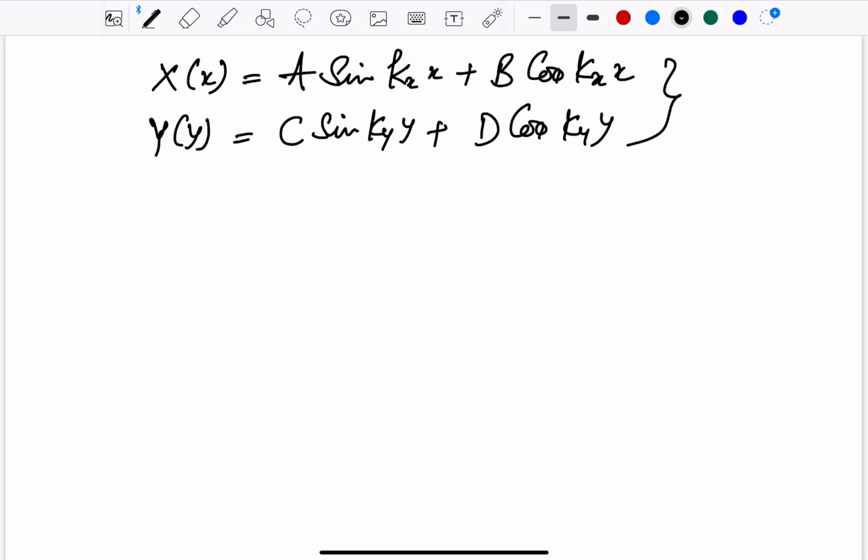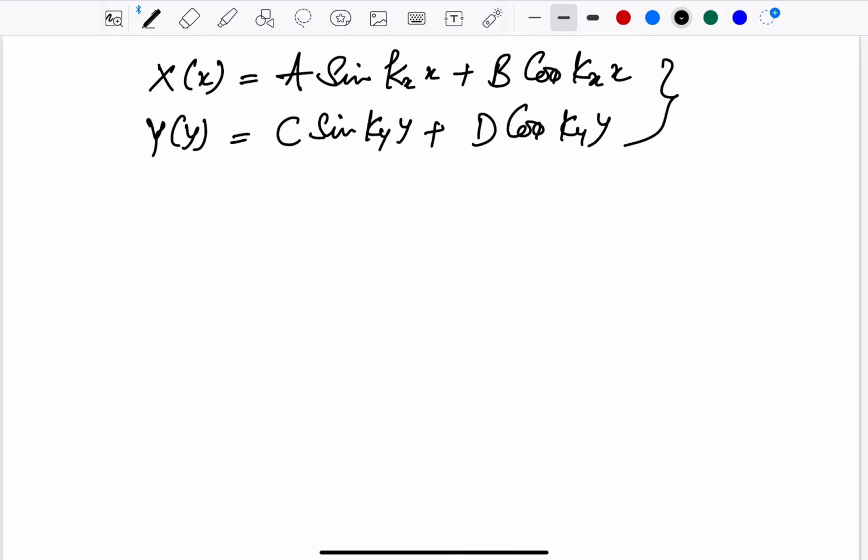Now once we know the solutions, we can write the longitudinal component Ez as a function of xy, which is X of x times capital Y of y.